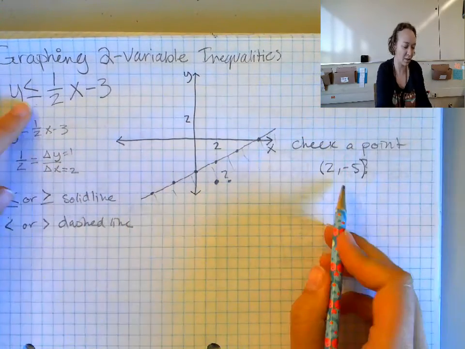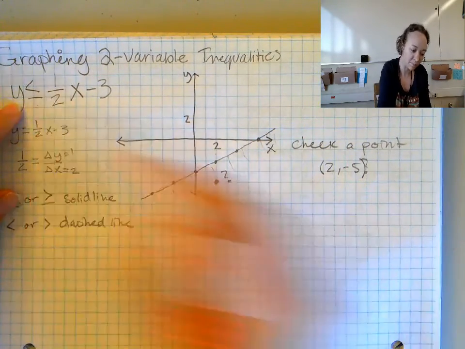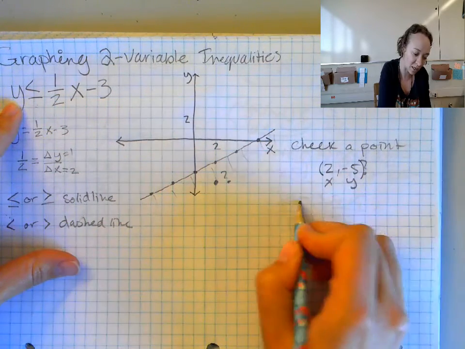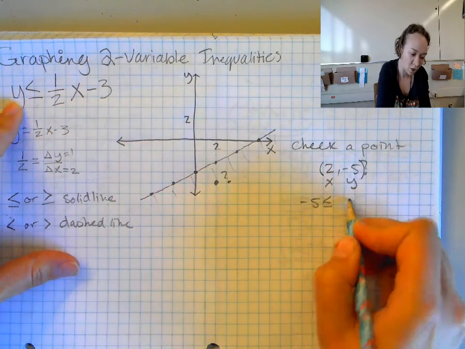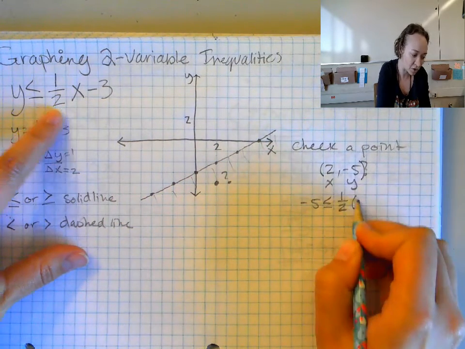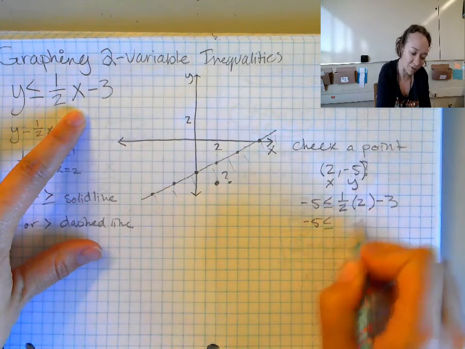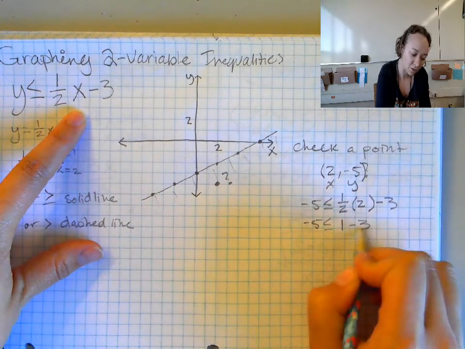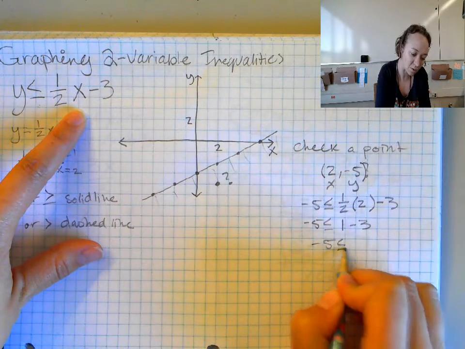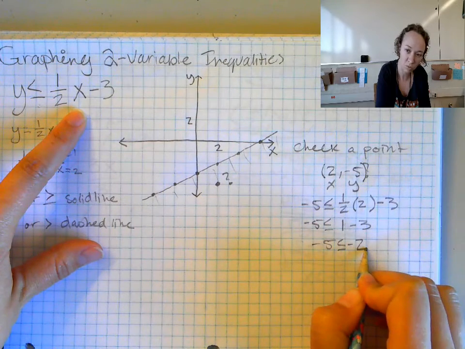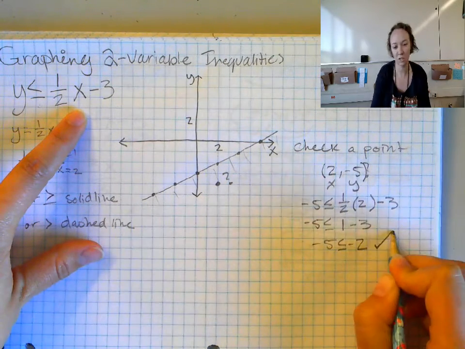So I'll plug that into my inequality. That's my x, that's my y. So -5 is less than or equal to 1/2 of 2 minus 3. 1/2 of 2 is 1, minus 3. So -5 is less than or equal to -2. Is that true? Yep, that's true.